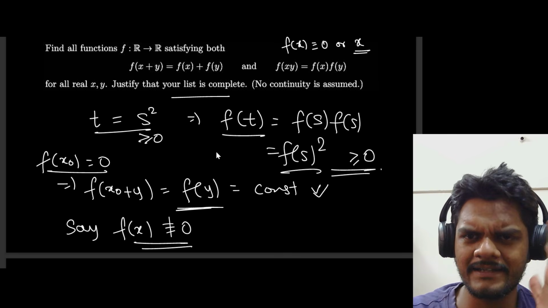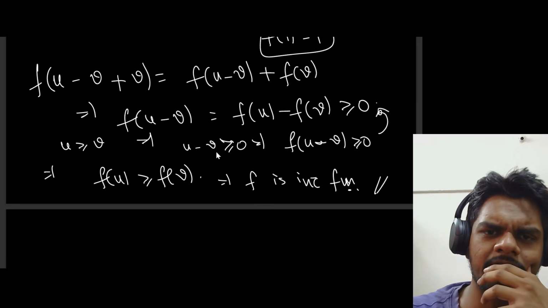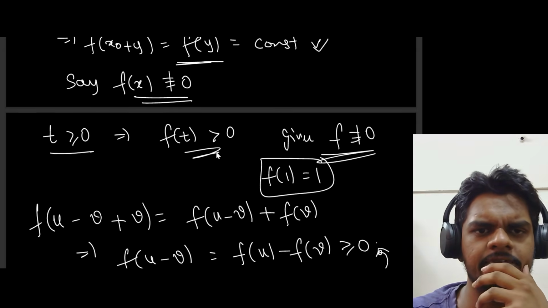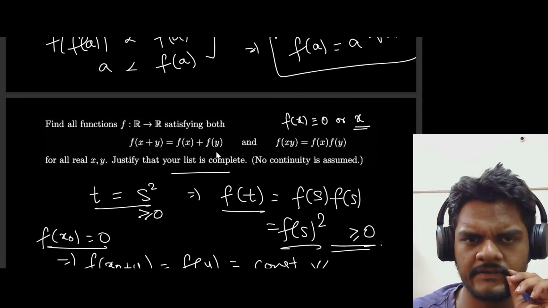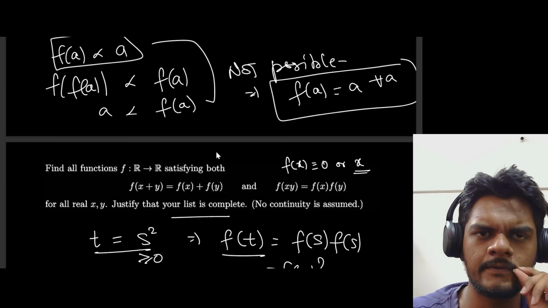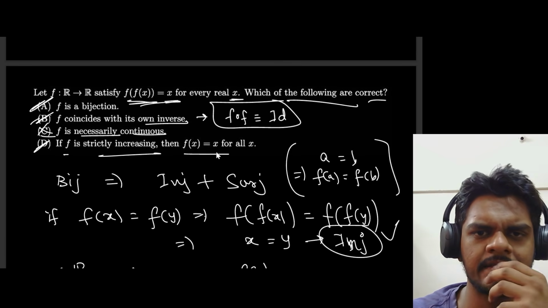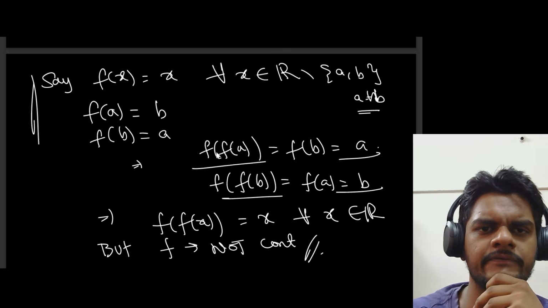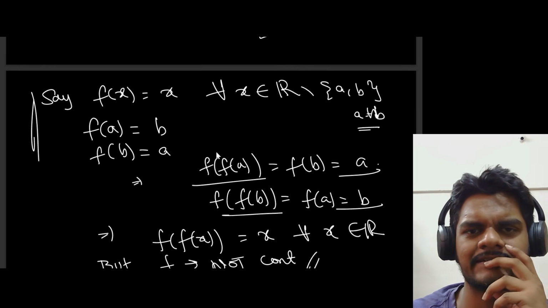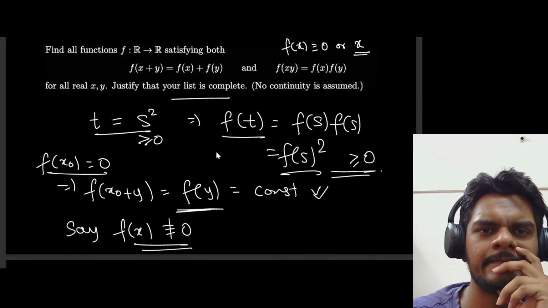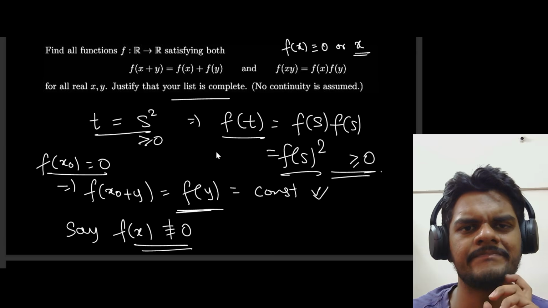So with that in mind, how do we get to that? f is an increasing function. So what did we have here? If f is strictly increasing, then f of x. I don't think we will use that at all. Acha, I cannot use continuity.